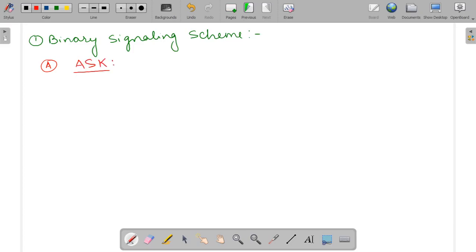ASK stands for amplitude shift keying. In ASK, this is a 1 bit signaling scheme and 2 symbols are there. So it is represented by 1 bit, that is either 1 or 0.